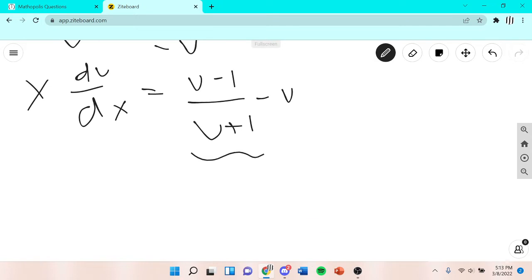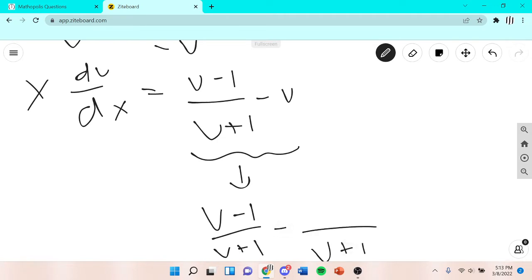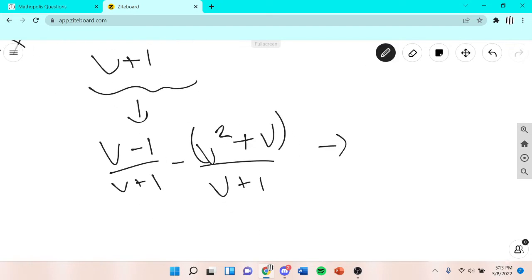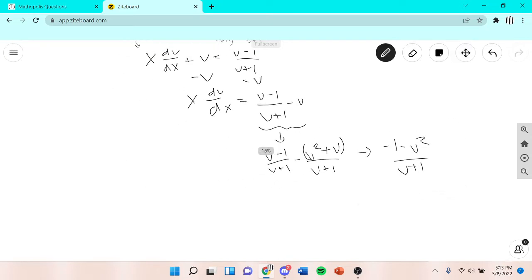So we are going to make this into fractional form, so we're going to say that this is v minus 1 over v plus 1 minus, we want to get common denominators, so we're going to do v plus 1 here, and we're going to do v times v plus 1, so that's going to be v squared plus v. So this just becomes on the top negative 1 minus v squared over v plus 1. Alright, that's cool.